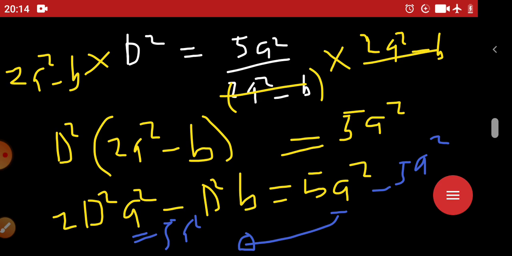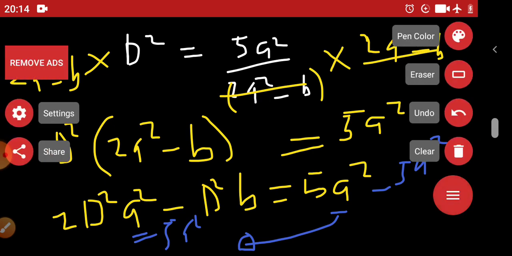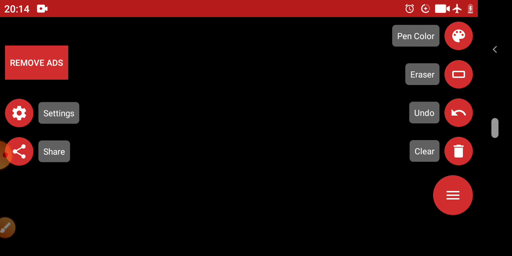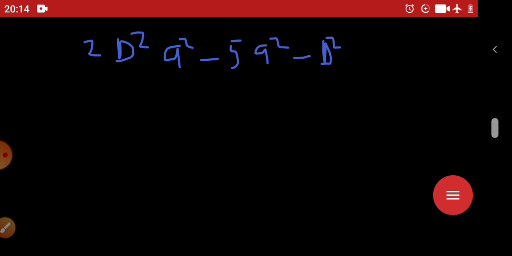So what we'll have is 2d squared a squared minus 5a squared minus d squared b equal to 0.